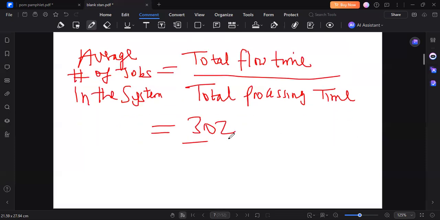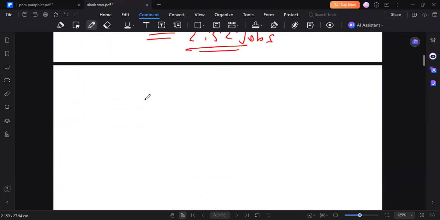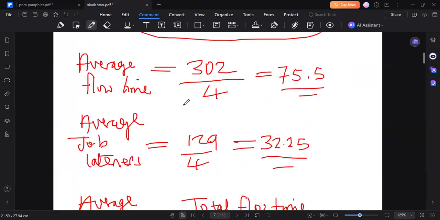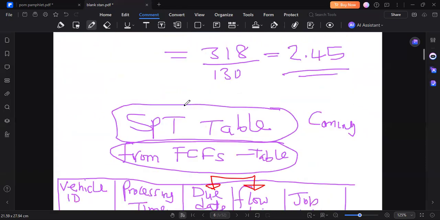So 302 divided by 130 is 2.32. So now this is the table for the shortest processing time.